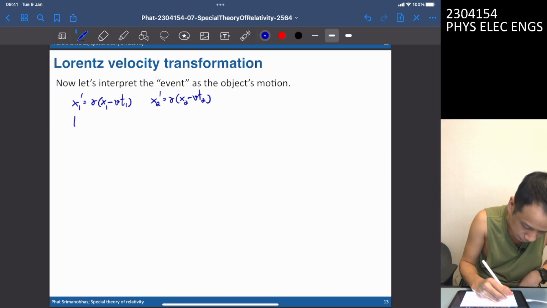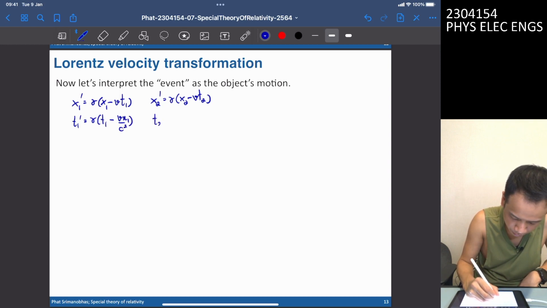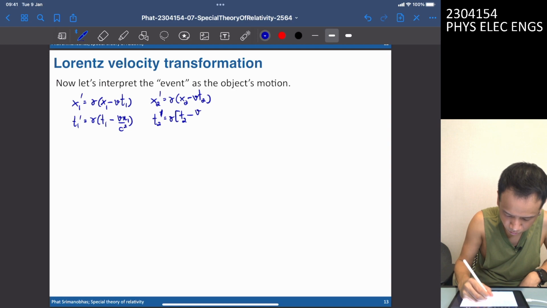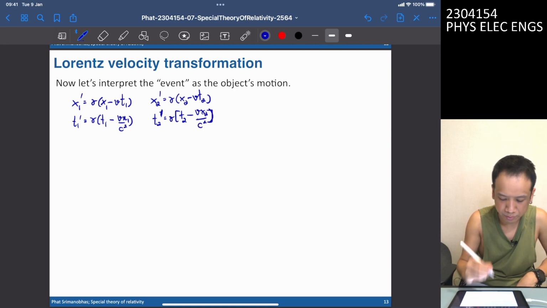Then t1 prime equals gamma (t1 minus vx1 over c squared), and t2 prime equals gamma (t2 minus vx2 over c squared).